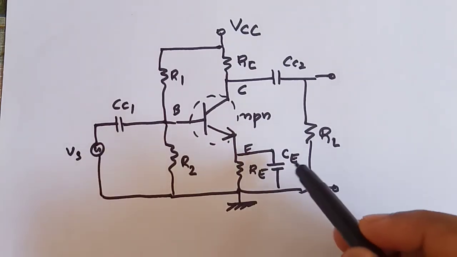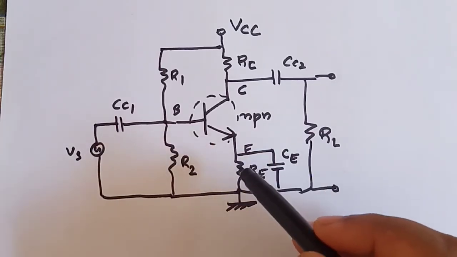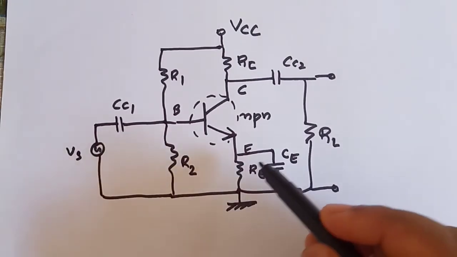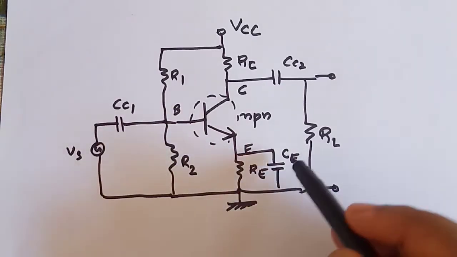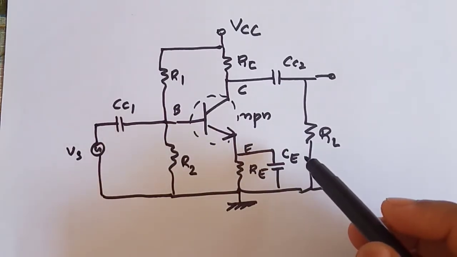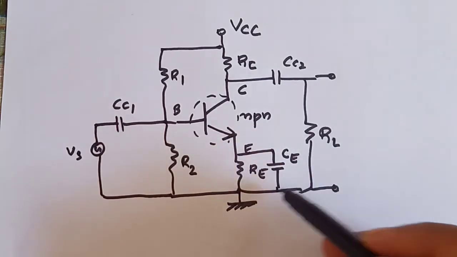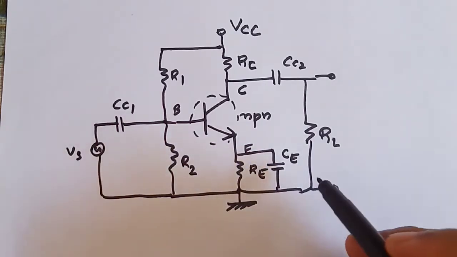In the absence of CE, that is the emitter bypass capacitor, some potential will be developed across the RE resistor. To avoid that, we keep a bypass capacitor so that it will be grounded through the capacitor. So it helps to stabilize the circuit.